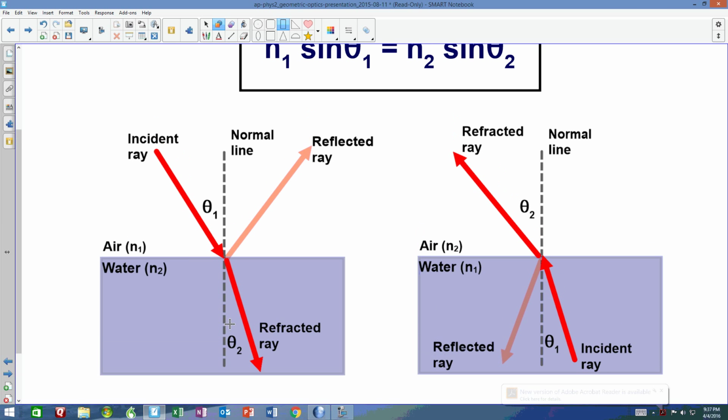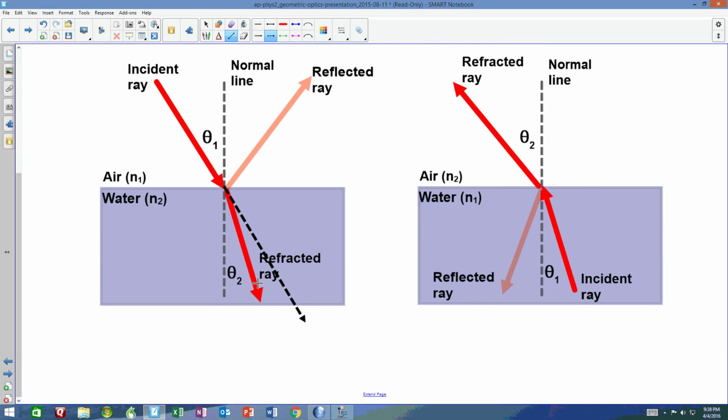Okay, and so notice that if I were to draw this light ray going straight through, this is the original path. Notice that it bends towards the normal when you go from less dense to more dense.